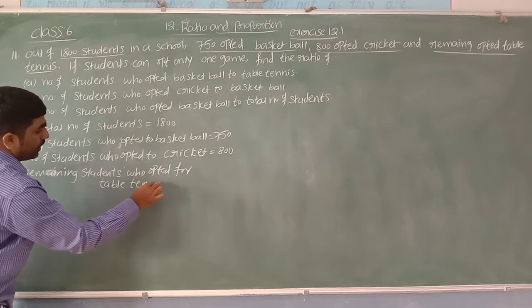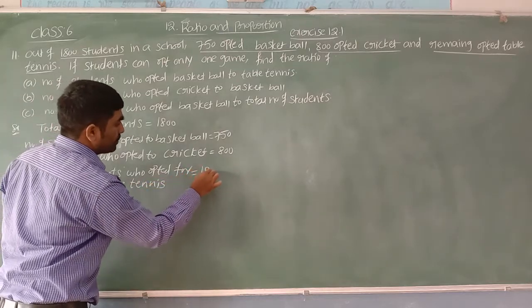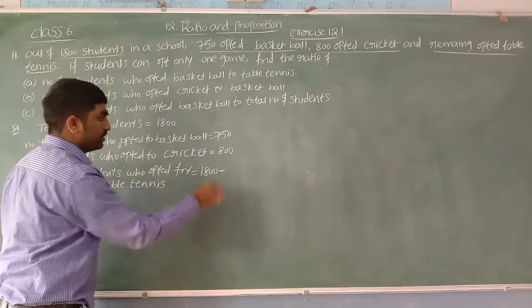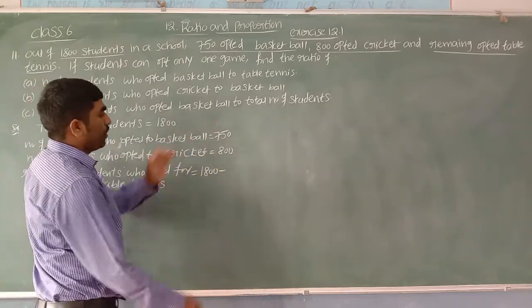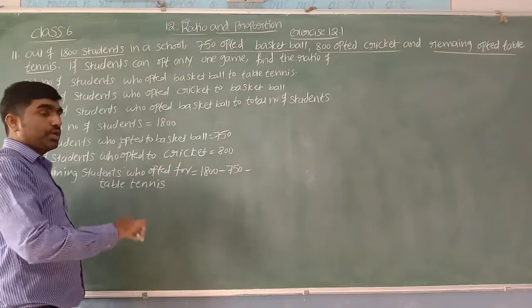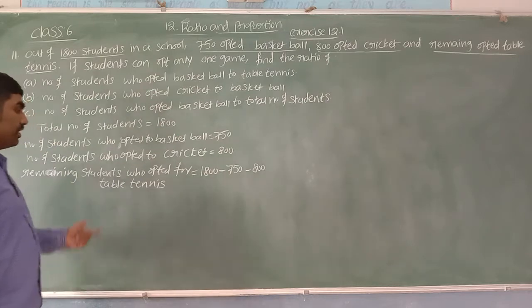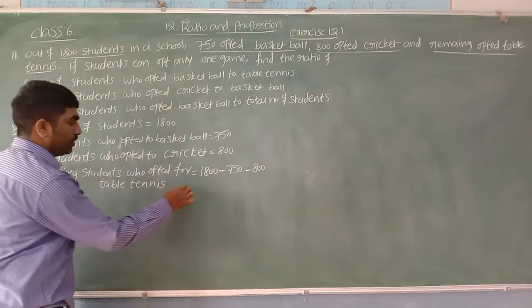How can I find the remaining? Sir, from the total number of students, you subtract the students who opted for basketball and also the students who opted for cricket. Then we get the remaining, so that we get how many are there for table tennis.